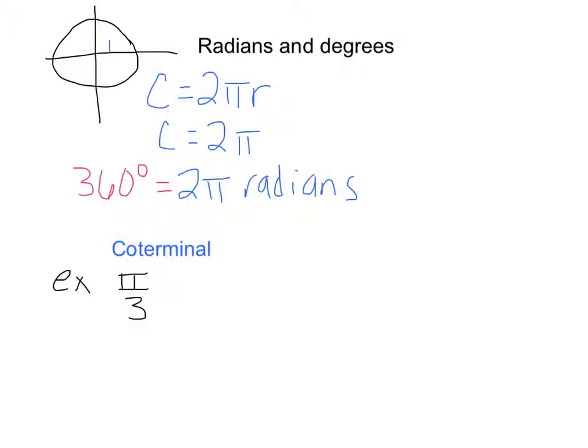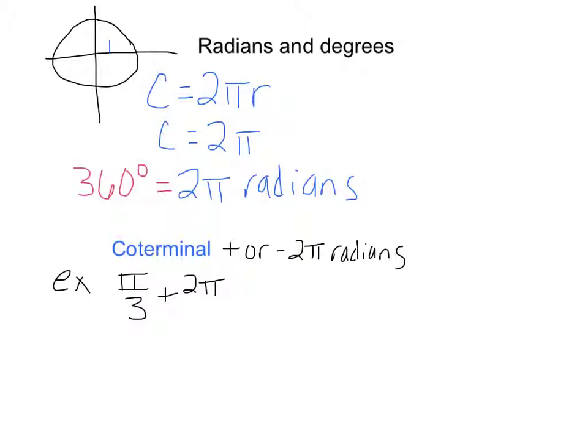So in radians, I'm going to be adding the equivalent of 360 degrees, which is 2 pi. So in order to find a coterminal angle, I need to add or subtract 2 pi radians. With this one, to find my first coterminal angle, I'm going to add 2 pi.